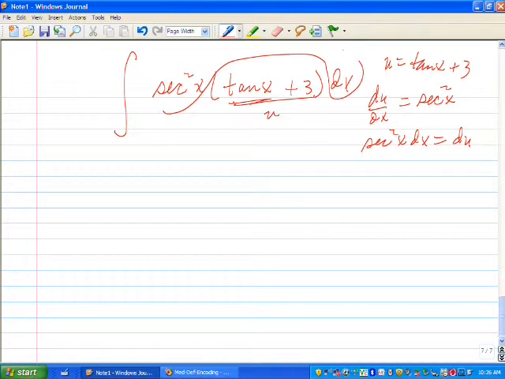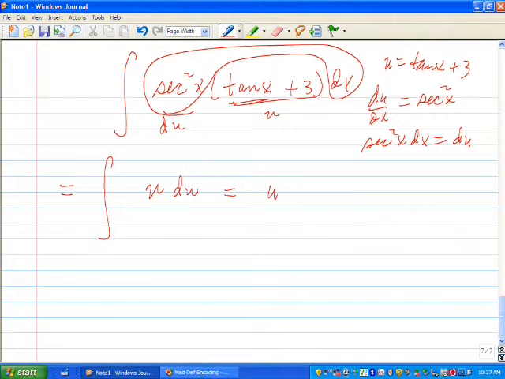So this portion becomes du, and the full substitution gives us the integral of u du, which is equal to u squared over 2 plus an arbitrary constant, and we get, after resubstituting for u equal tangent of x plus 3, tangent of x plus 3 squared over 2 plus a constant.